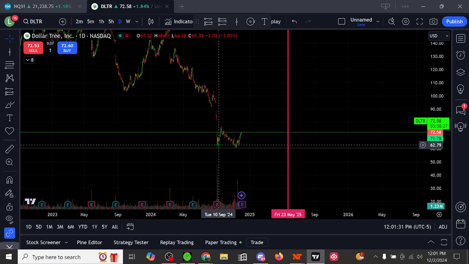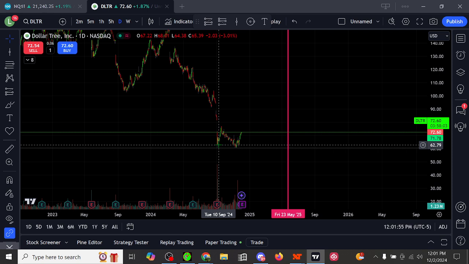I'm not saying you can't do this on futures, but I'm saying if it's this accurate on an individual stock, you don't really need to do it on futures, right? As long as your account isn't in the billions, right? If your account's in the billions, then yeah, you kind of have to trade the indexes, right? Because you have too much, your order size is going to be way too big for a company like Dollar Tree, right?